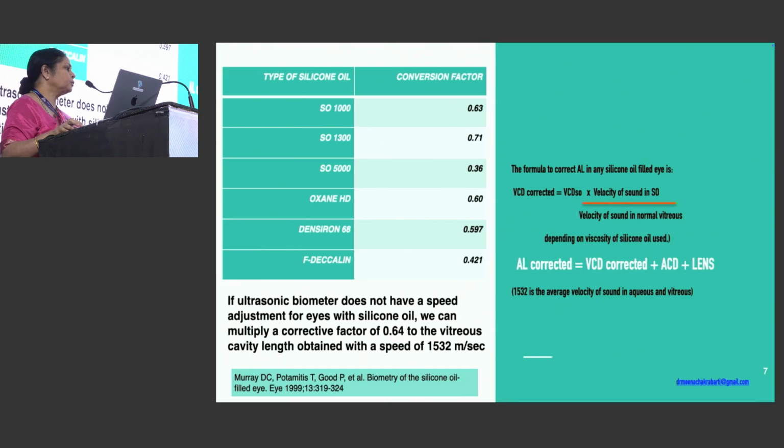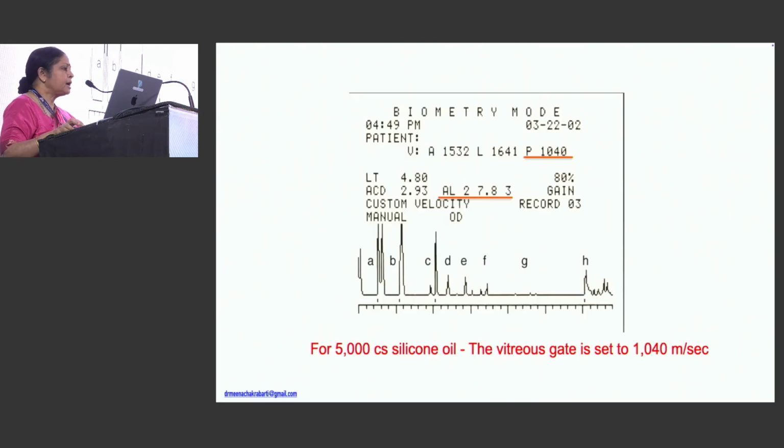For this, we need to know the type of oil that is in the eye. Or you can use this formula and convert it, and then this converted axial length is added on to the anterior chamber depth and the lens thickness to get the true axial length. But if you have an ultrasound biometer in which the velocity gates can be set, you can set the velocity gate to the type of silicone oil that is inside the eye, and you can get the true axial length measurement.